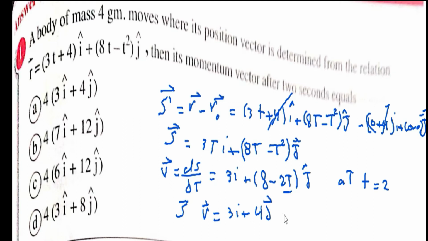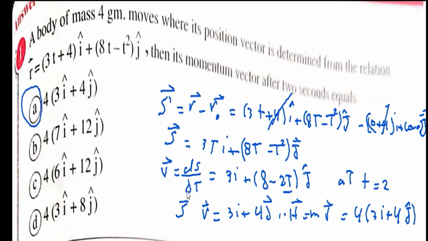Since the momentum vector equals m multiplied by v, m is 4 multiplied by 3i plus 4j. So the answer is number A, 4 multiplied by 3i plus 4j.